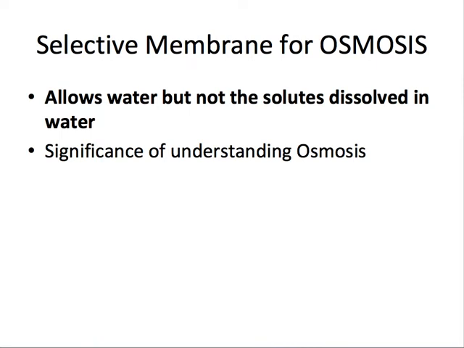Before getting a grip on the process of osmosis, one has to understand what a selectively permeable membrane is. You see, a membrane which allows water but not the solutes dissolved in water to diffuse through it is called a selective membrane for osmosis.